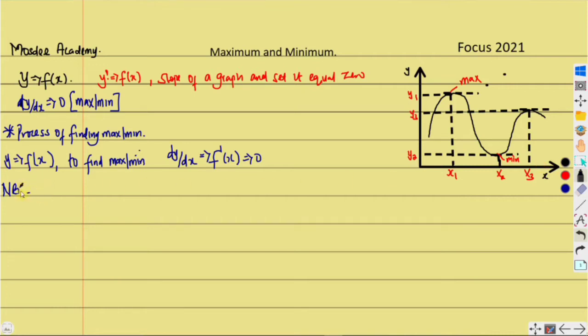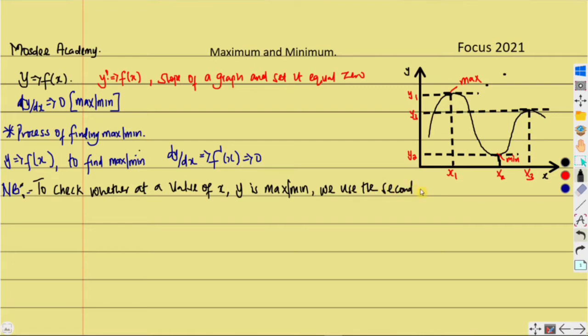And to keep that in note, let's write it down for reference sake: to check whether at a value of x, y is maximum or minimum, we use the second derivative check.